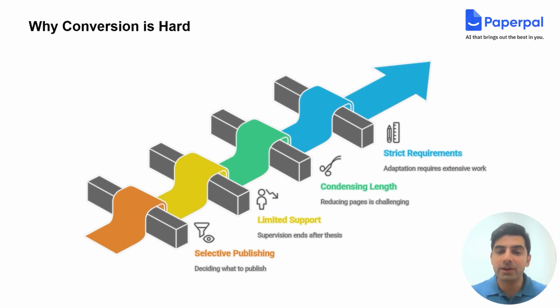At times you have to provide a replication package as well. All these things add up and further complicate the process of converting a thesis into a research paper. So these are some of the reasons which people find hard to address, and eventually they're not able to convert their thesis into a research paper.